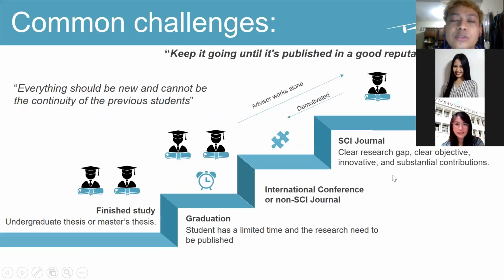Oh yeah, I also would like to ask Mam Gumasing and Mam Boris, this is quite a dilemma for me at this point. When the students graduate, I work alone. I cannot push the students because it's not their level. They're not PhD students.